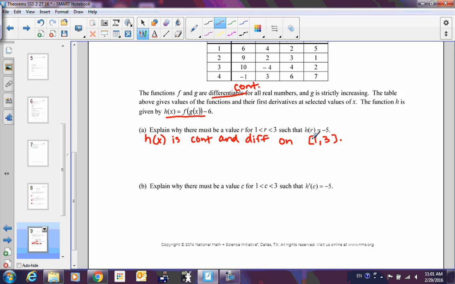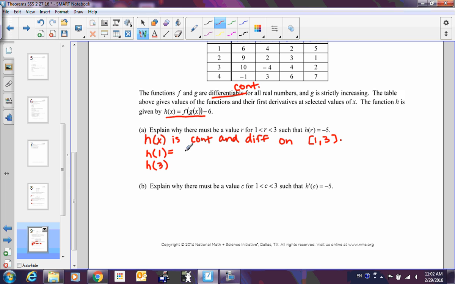That's the conditions. All right, now it says a value of r such that h of r is -5. This is not talking about a derivative or anything. We're just saying why does there have to be a -5 inside there? So this is intermediate value theorem. So basically I need to find h of 1 and I need to find h of 3, and I need to show that -5 is going to be in between these two values.